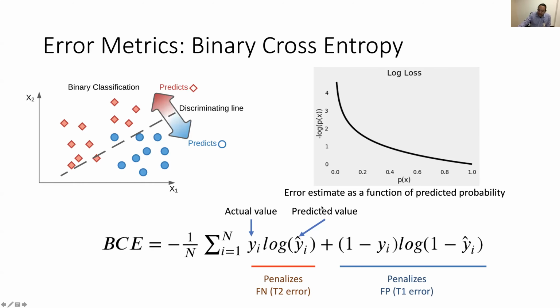Y hat, that's your predicted value, right? The predicted value of that ith sample. And because the actual value is either a 1 or a 0, and your prediction, we're going to assume the output of your model is a probability, the likelihood that it is a case, a 1.